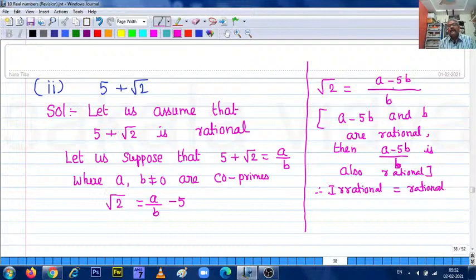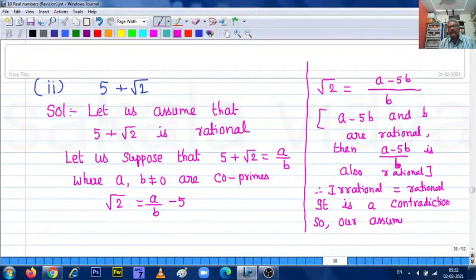See, a minus 5b by b is rational, but root 2 is irrational. Irrational cannot be equal to rational. Therefore, it is a contradiction. So our assumption is wrong.